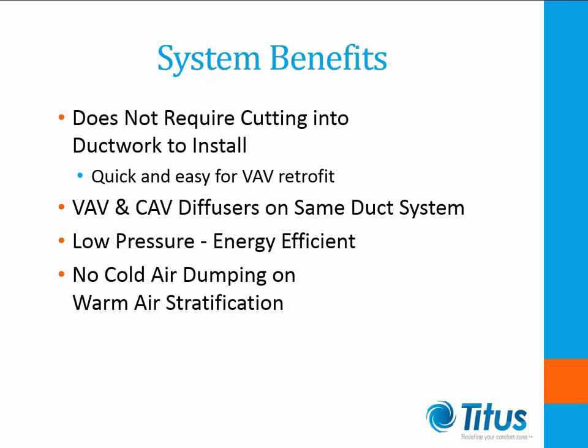They can have similar performance as well as aesthetics. VAV diffusers can work well at lower pressures, allowing system fan energy savings. Because the variable geometry keeps velocities higher, cold air dumping or hot air stratification is avoided.